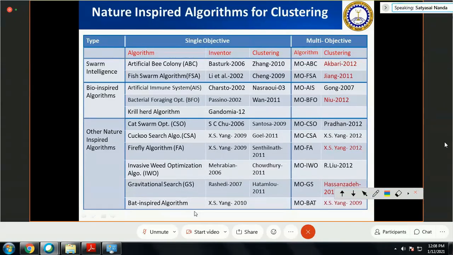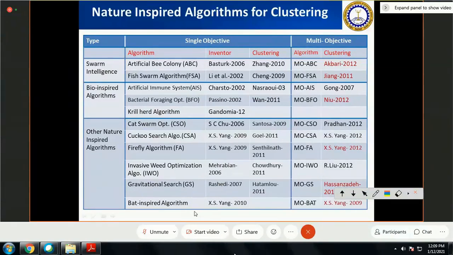They are biologically inspired, based on how the immune system is protecting our body. So based upon that, the algorithms have been derived. Those who are interested in this particular field can refer to these single objective and multi-objective papers reported here.